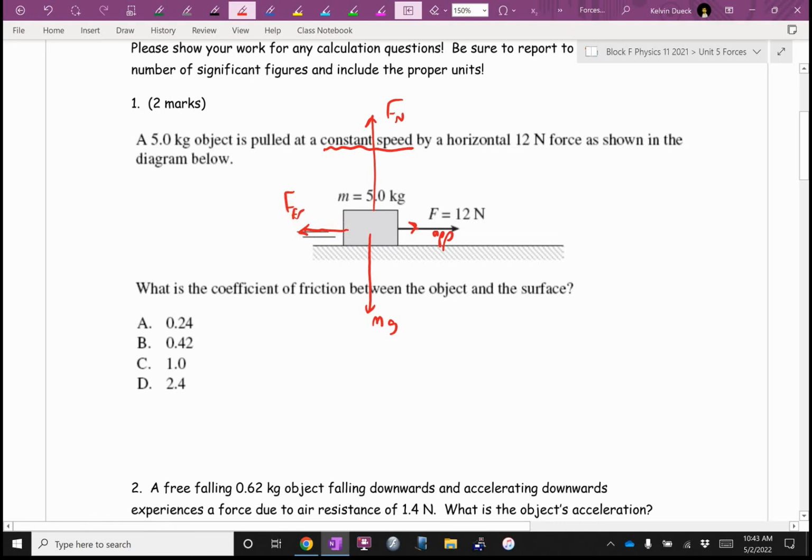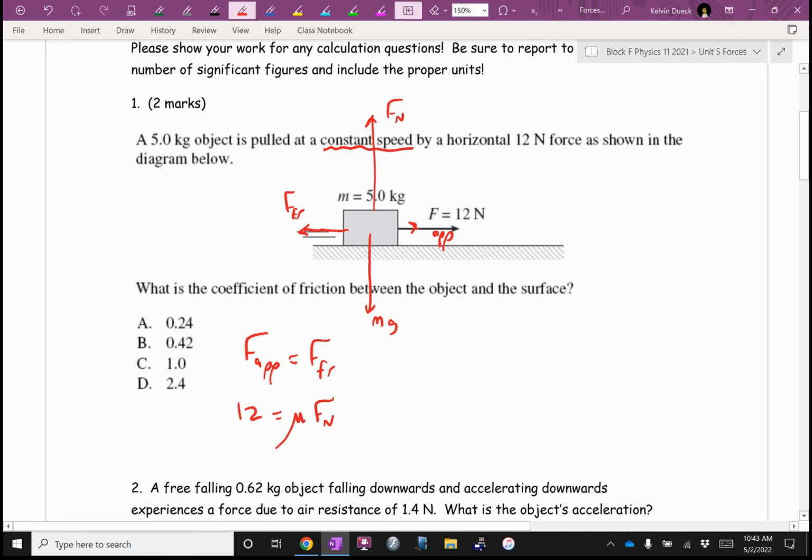Friction. Should friction be bigger, smaller, or the same size as F applied? How do you know same size this time? Constant speed. In fact, really, I can say this. F applied equals friction. 12 equals mu times the normal force.